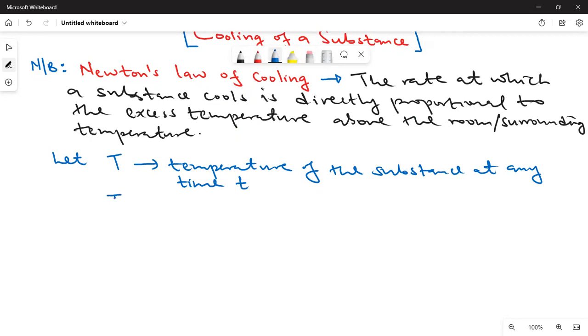Let T naught be the room or surrounding temperature.